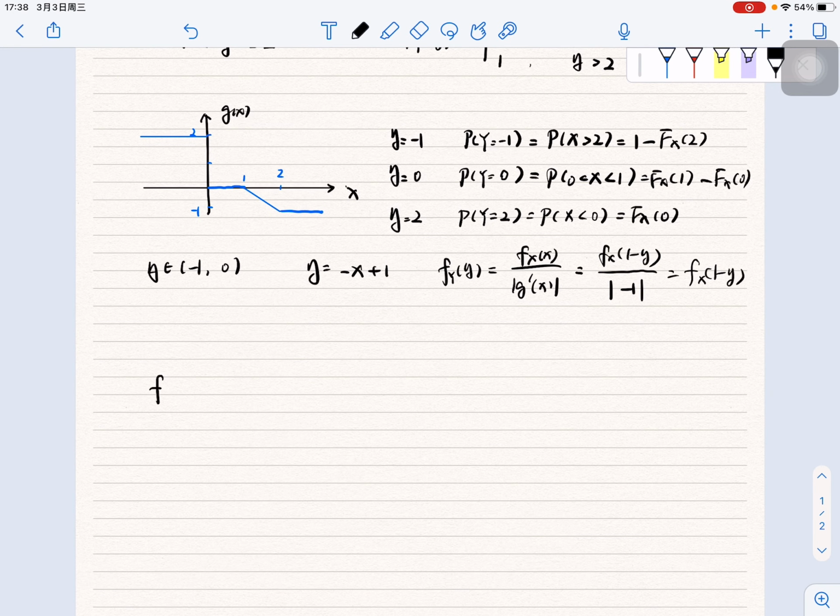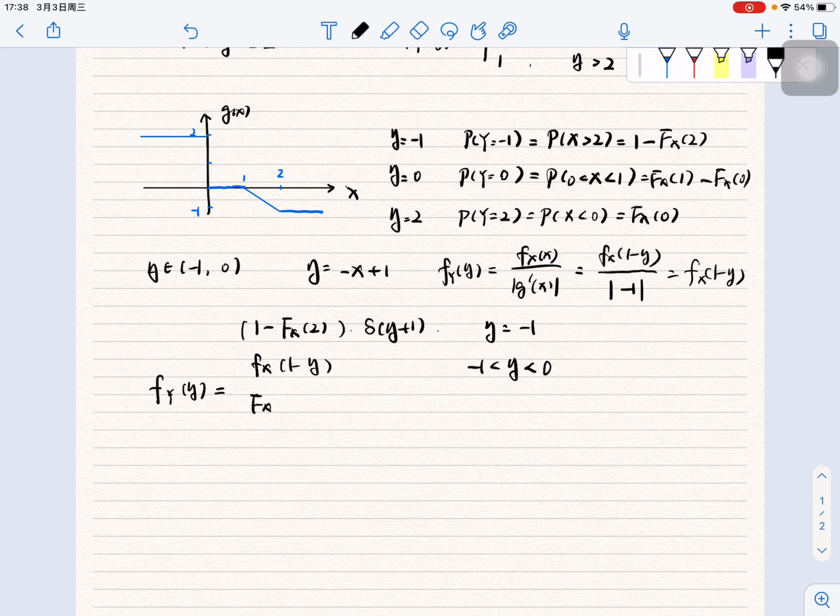Therefore, we will have the density function fy. It equals 1 minus Fx(2) when y equals minus 1. Second is fx(1 minus y) when y is larger than minus 1 and less than 0.